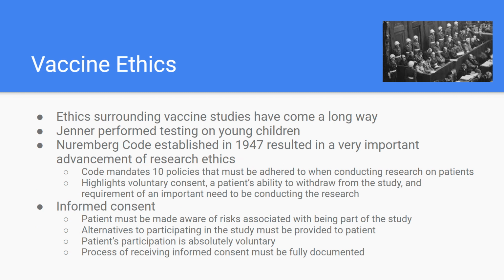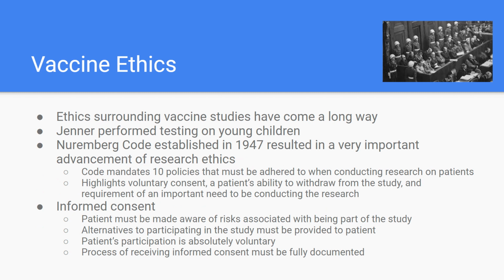He didn't warn anyone, the parents or children, of the effects of what might happen. So this led to a lot of children subjects that he worked with contracting smallpox.